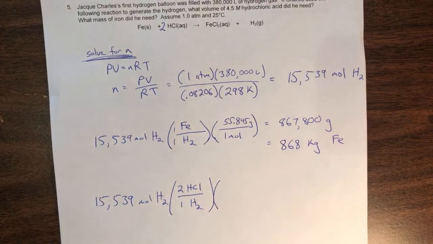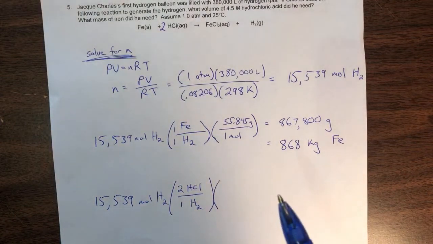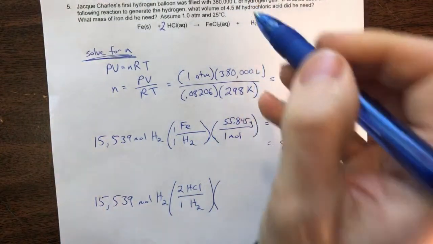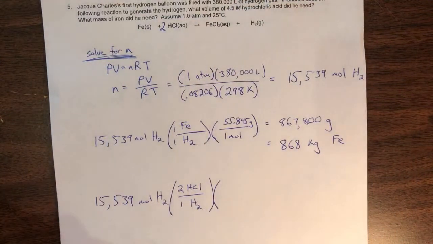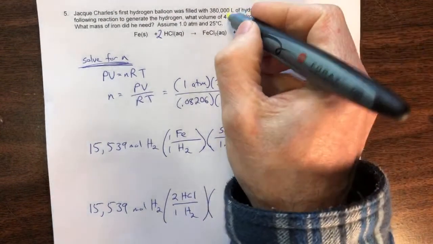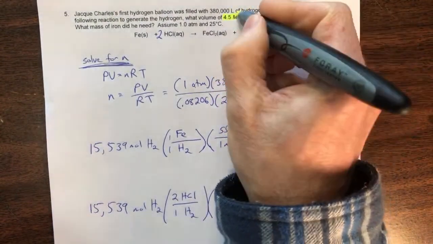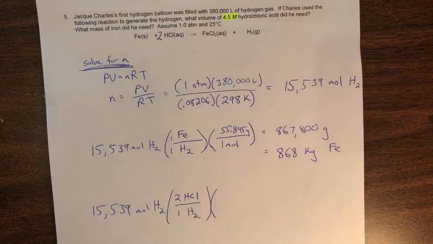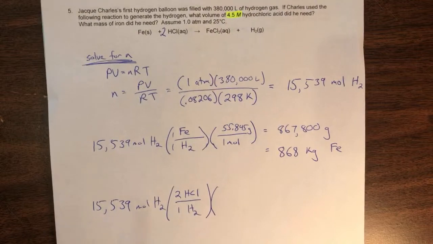Next, we said, okay, what kind of hydrochloric acid did he use? Well, we don't know. I just made this number up. Anyway, so he could have used 4.5 molar hydrochloric acid.